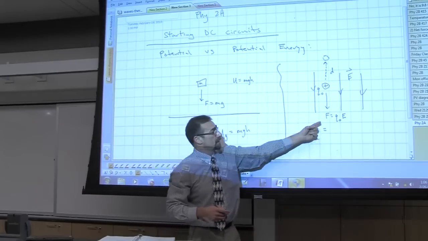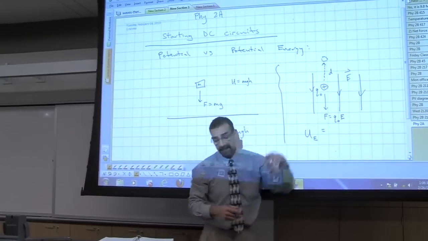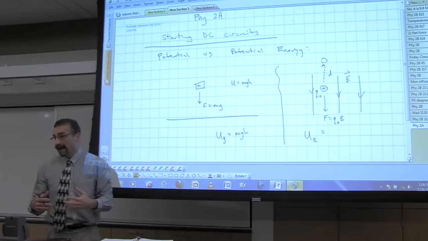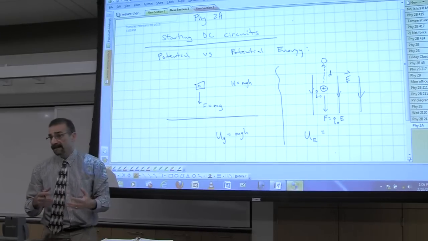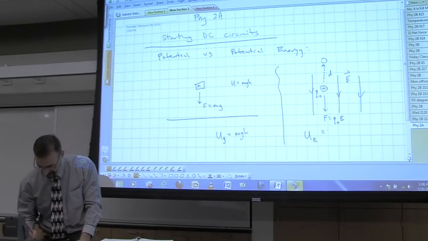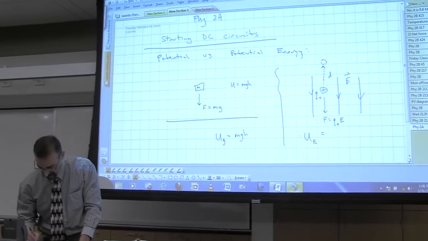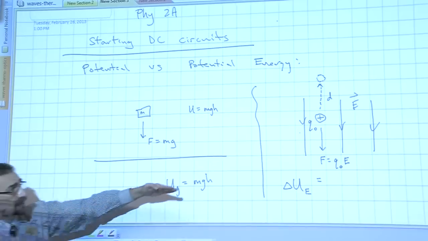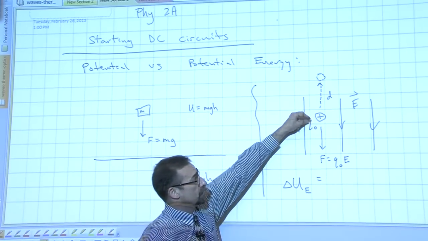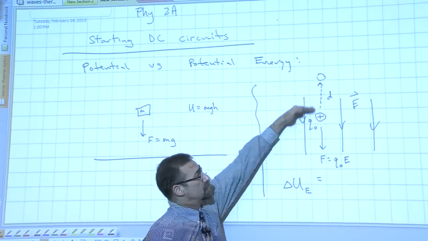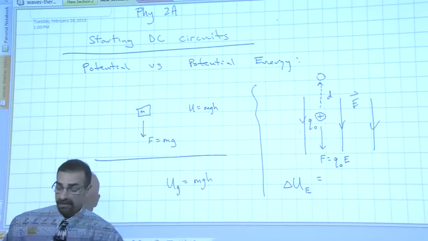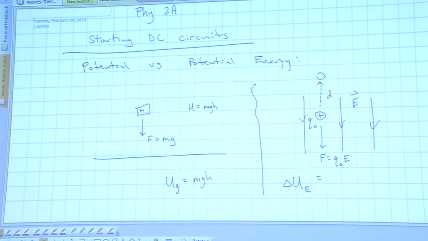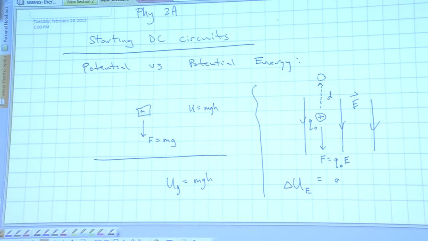So over here, the force times the distance gives us the amount of added potential energy. So the potential energy, I guess I should put a delta there. The change in potential energy, because it actually has potential energy here too, because if we let go of it, it's going to start moving. So the change in potential energy as we move it up is going to equal qEd.